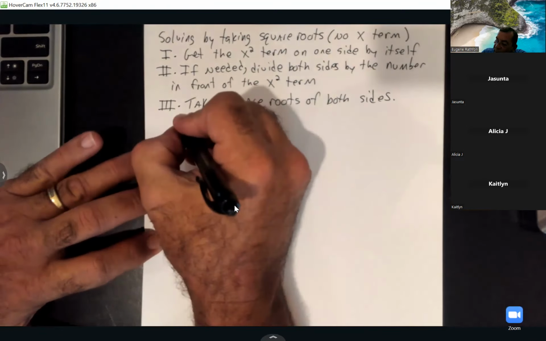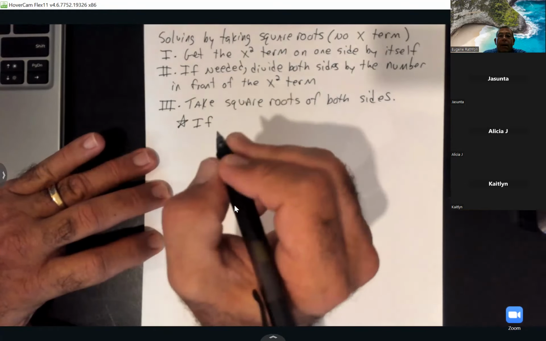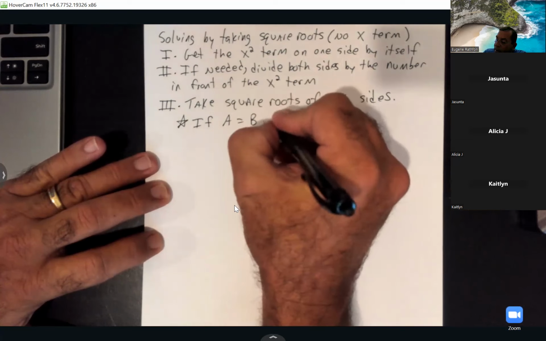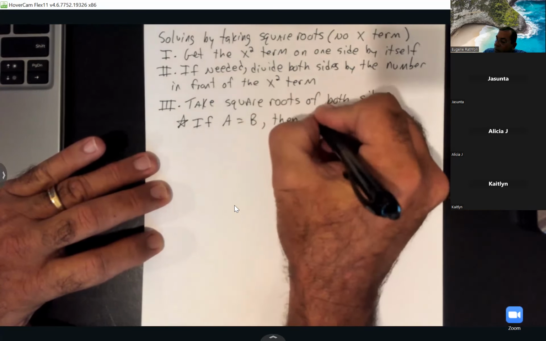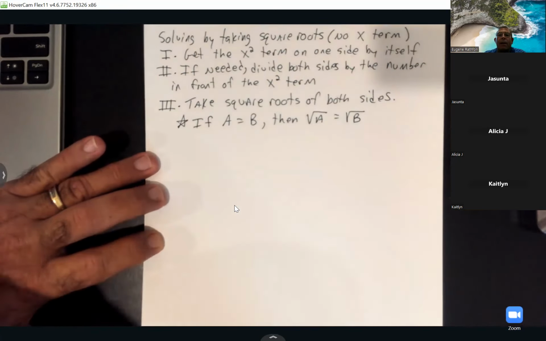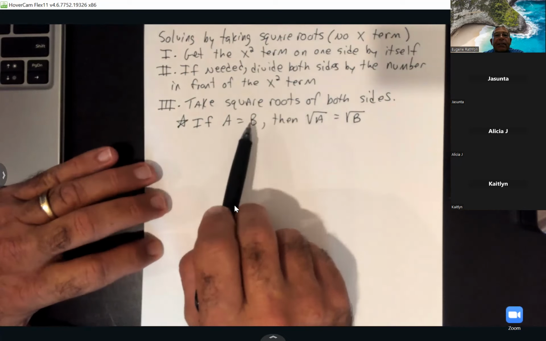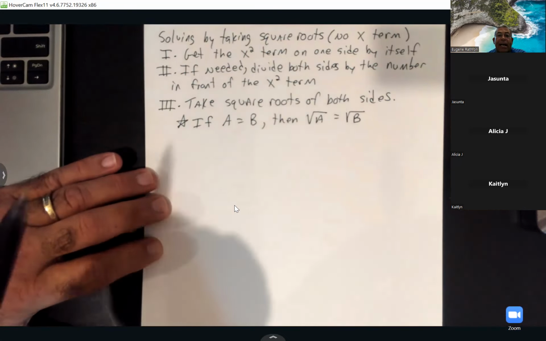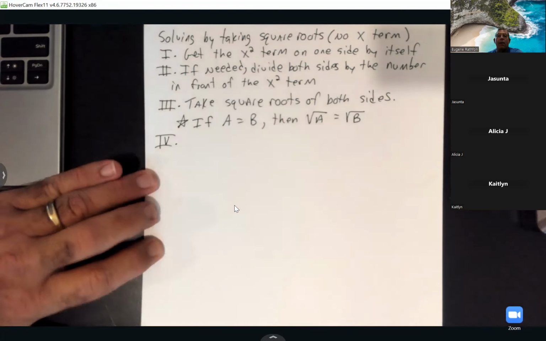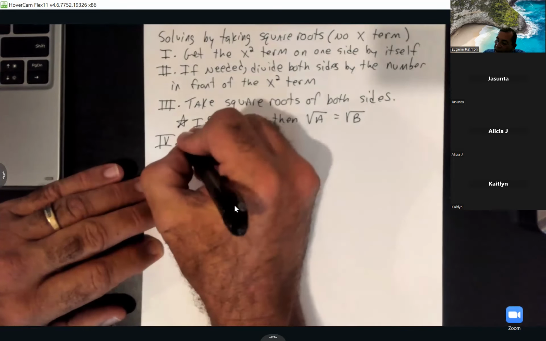Now, we got a property that says if A equals B, then the square root of A equals the square root of B. It's just letting me know that if I take the square root of one side, I gotta take the square root of the other side. Once I take that square root, check answers if needed.